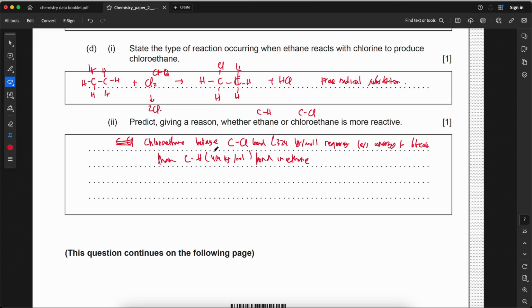So breaking the C-Cl bond is much easier compared to C-H, because C-Cl requires only 324, compared to C-H which is 414 kilojoule per mole.